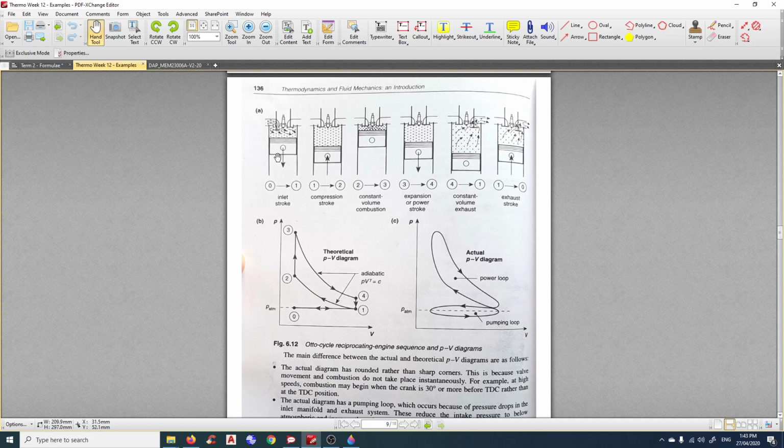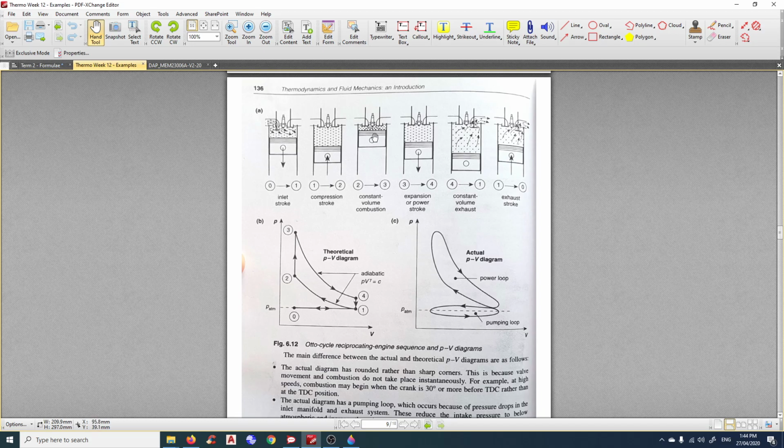This position we call the bottom dead center position. From there, the piston goes up again, the intake valve is closed and the air is being compressed, hence it's called the compression stroke.